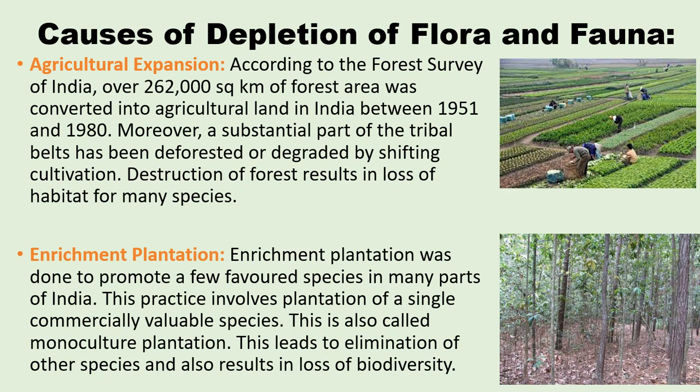After a certain number of years, when they think that the fertility of the soil of the patch is finished, they clear another patch of land, and this way they cut the trees and cause deforestation. Destruction of forest results in loss of habitat for many species of wildlife.